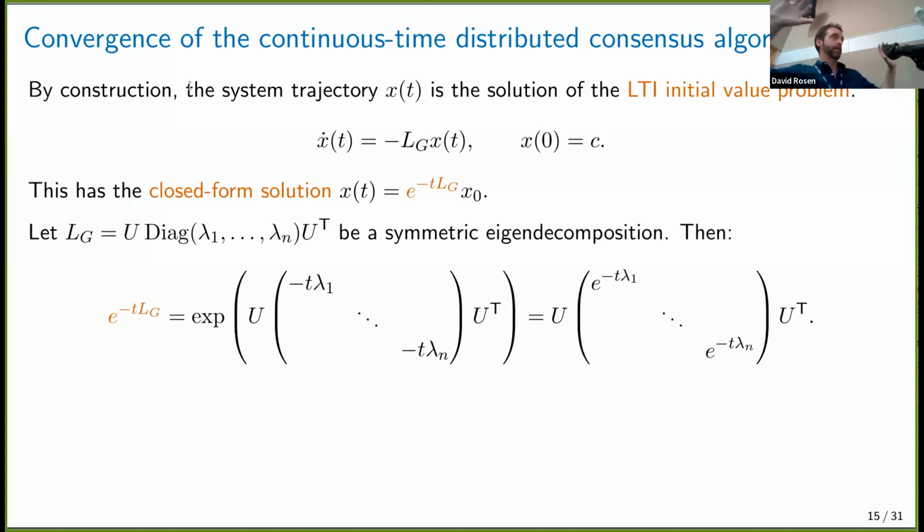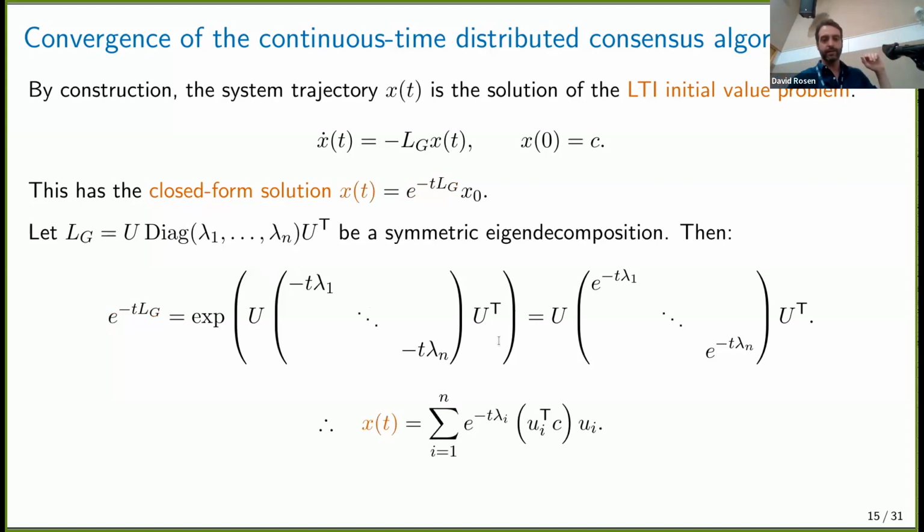That gives me eigenvalues and eigenvectors, and it turns out that the exponential of that matrix is the same thing as just exponentiating the eigenvalues themselves, and then pre and post multiplying by the resulting eigenbases. That's really nice, because if I take this expression for the matrix exponential and plug it back into the solution for my system, my solution x(t) is going to be the exponential of t L_G times my initial starting state.